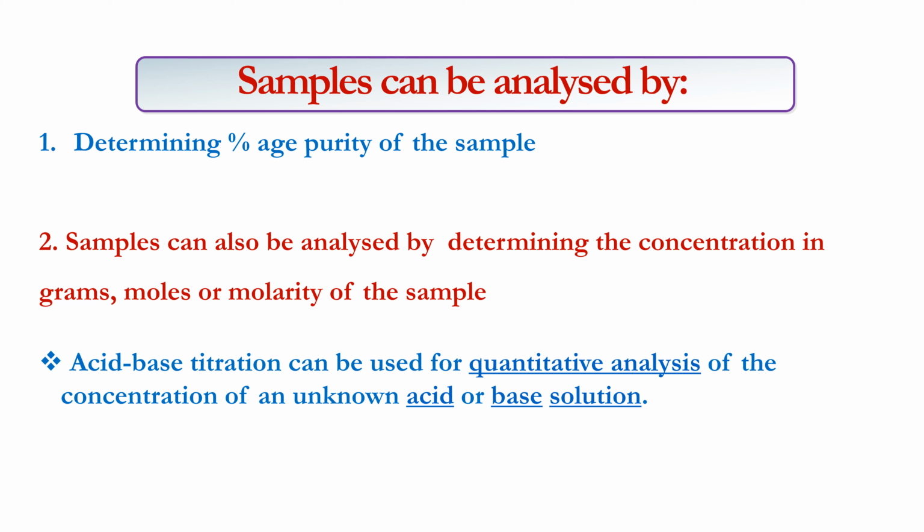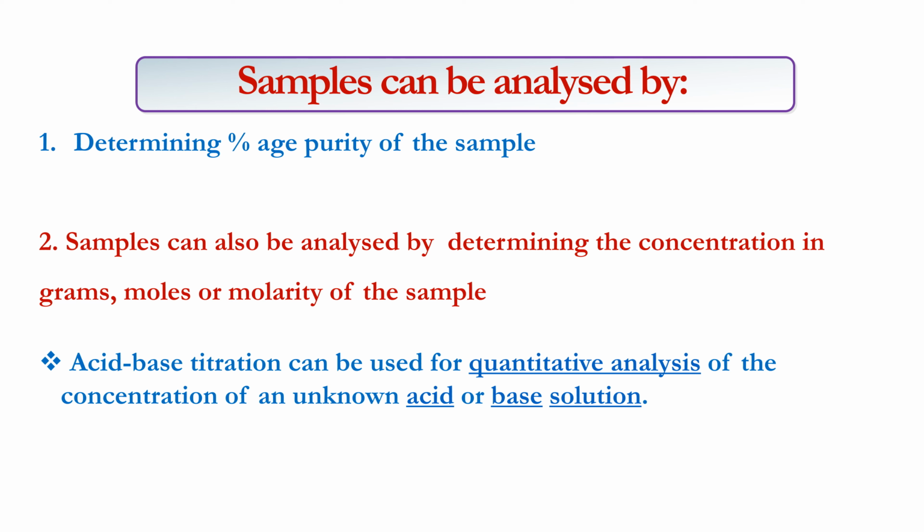Samples can be analyzed by determining percentage purity of the sample, and we can use acid-base titration to find percentage purity of a sample. So, one way of analyzing samples in the lab is by determining the percentage purity of that sample.